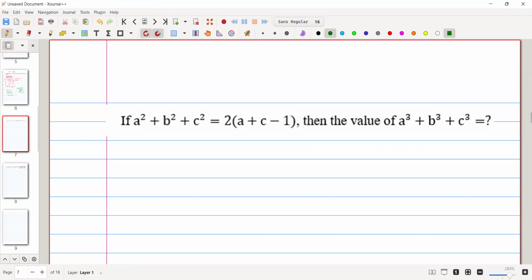Look, there are two ways. Number one, directly put the values of a, b, and c, meaning we have to find the values of a, b, and c. Or we have to find some pattern of these expressions so that we can directly find the value.